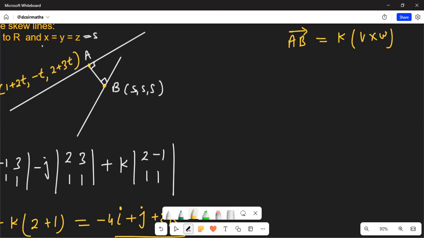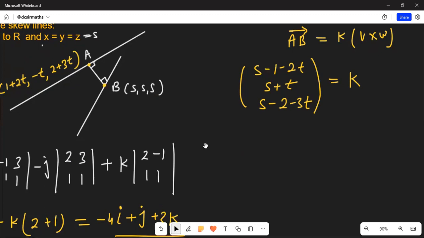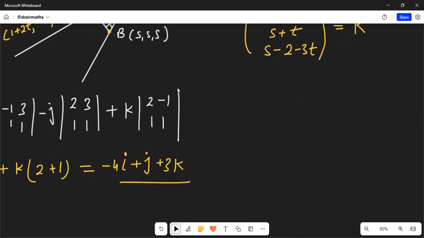So AB means B minus A. So your AB vector should be: for x, S minus 1 minus 2t. Then for the y coordinate, S minus (-t), that will become S plus t. And for z, S minus 2 minus 3t. That is your AB vector, equal to k times V cross W. What is V cross W? Negative 4i plus j plus 3k.